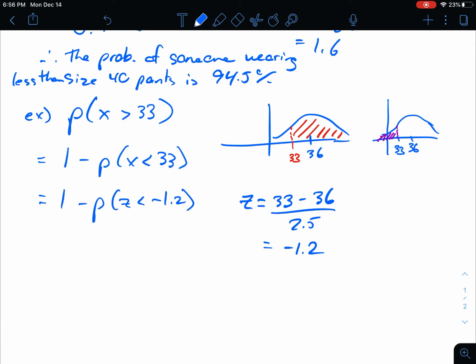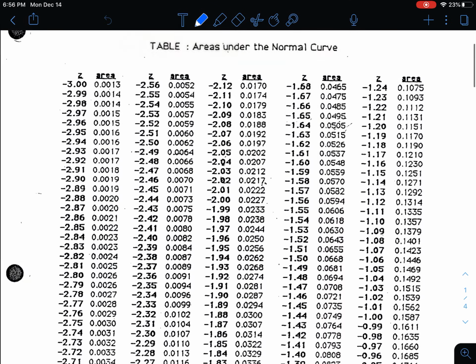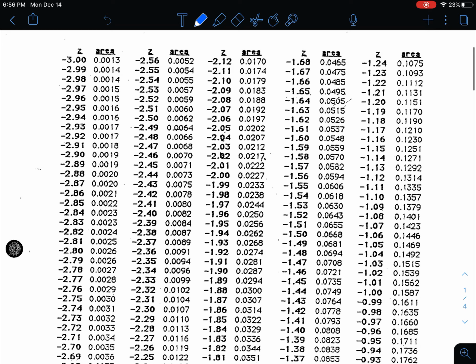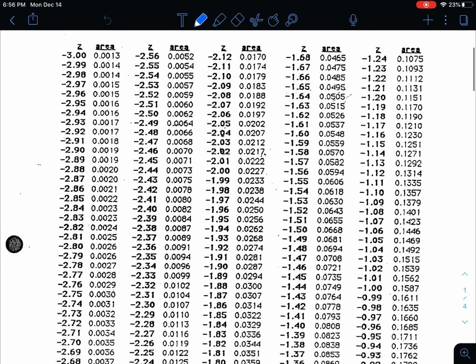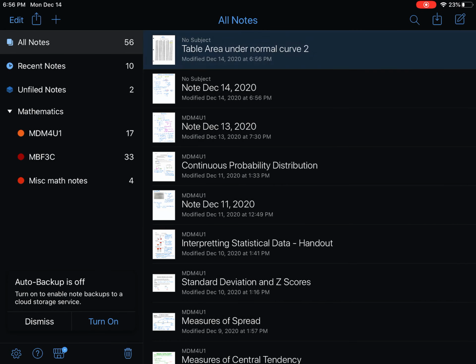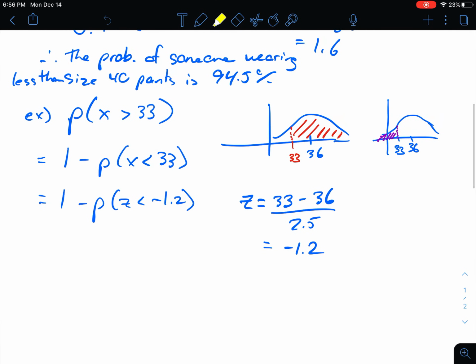Now, what we can do with this is go ahead and look this up in the table. So we're looking for negative 1.2. So let's look in our table. This time we're in the negative, so we're going to look for negative 1.2, which is right over here on my table. And the answer you get here, the area there, or the probability of that occurring, is 0.1151. So let's go ahead and write that in.